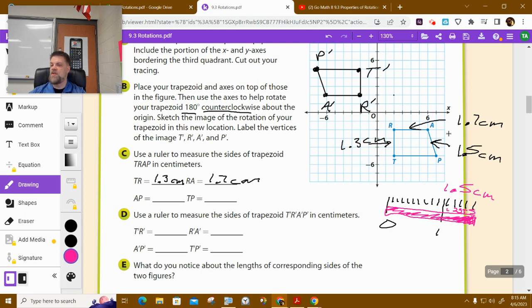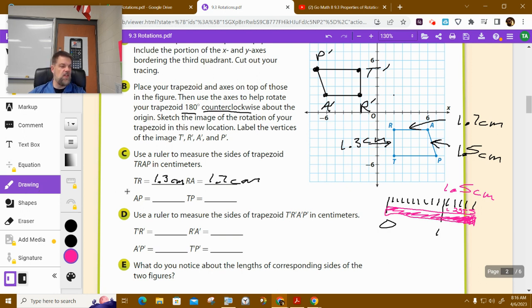So hold the ruler up to A, and put 0 right here, and then 1 will be like right here, and then it'll be 1, 2, 3, 4, 5 little marks, and that's 1.5 centimeters. Okay? And if you're not sure how to measure, raise your hand, grab one of your neighbors that knows how to measure and they can show you.